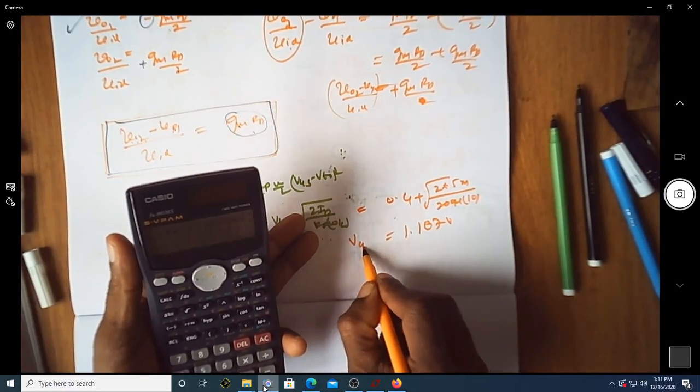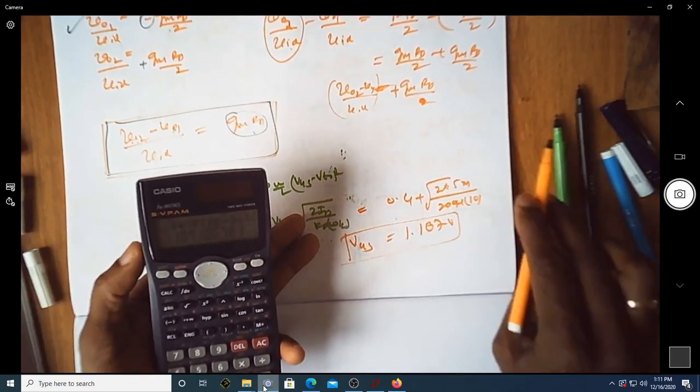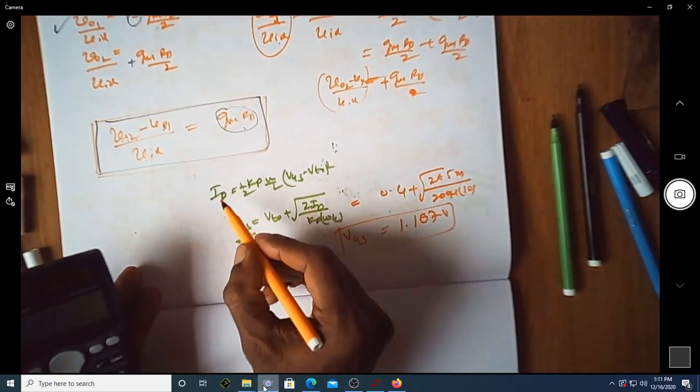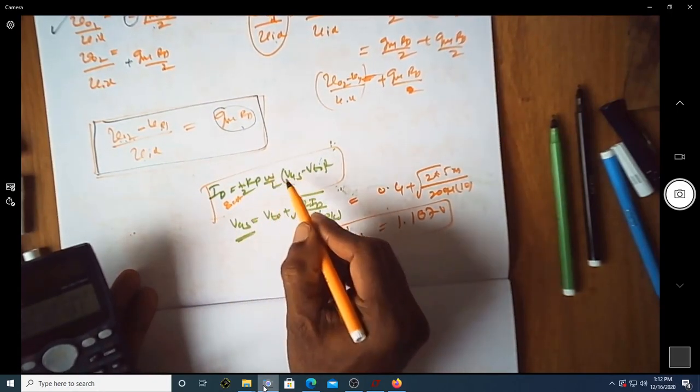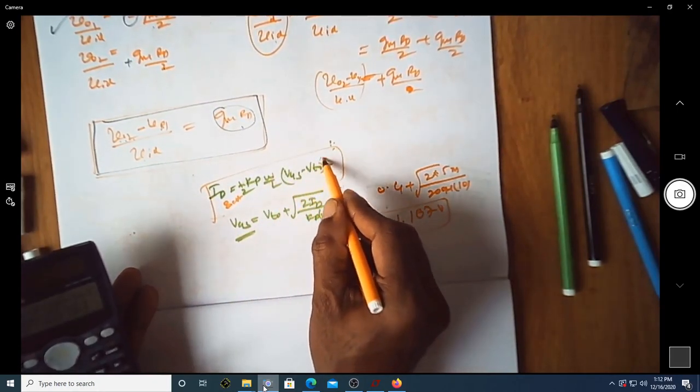So this is the value of VGS which we are supposed to get, because this is the ID in saturation condition, half into Kp W by L into VGS minus VTO whole square.